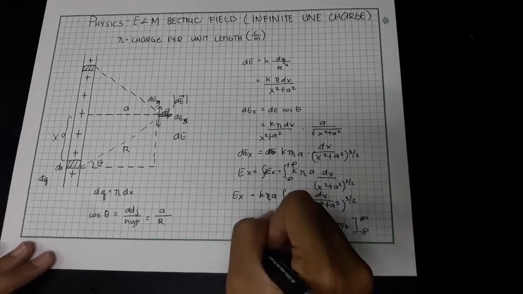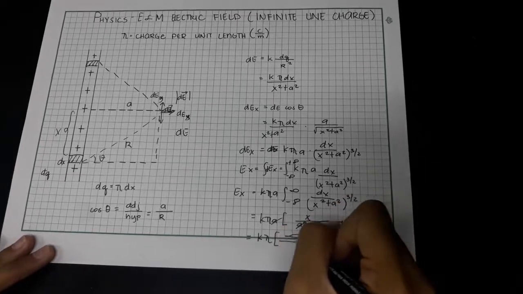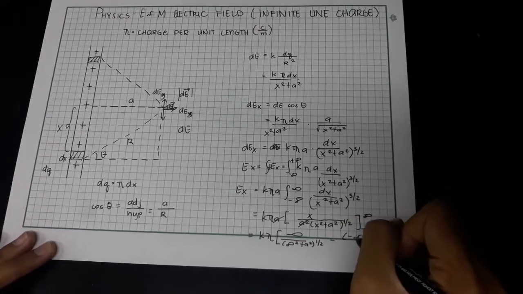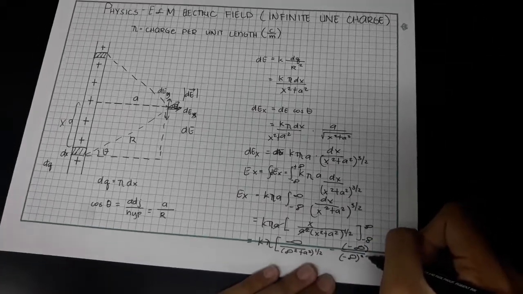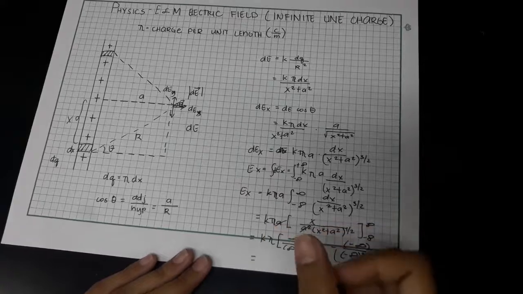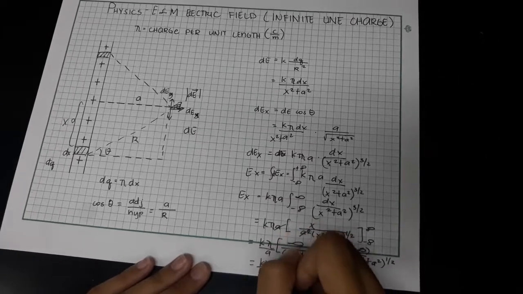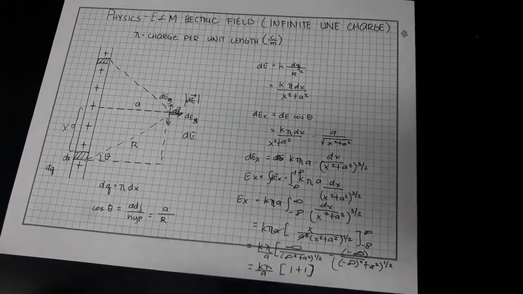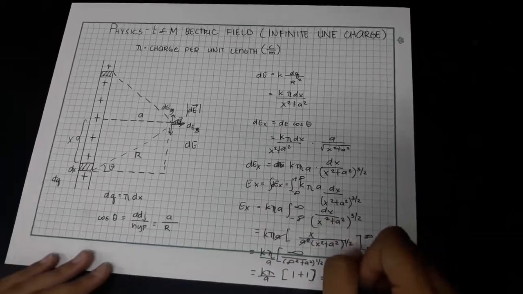E sub x is equal to k times linear, and we substitute theta, x over the square root of x squared plus a squared, minus the negative, is equal to k over a times 1 plus 1, and that is the magnitude of that x component.